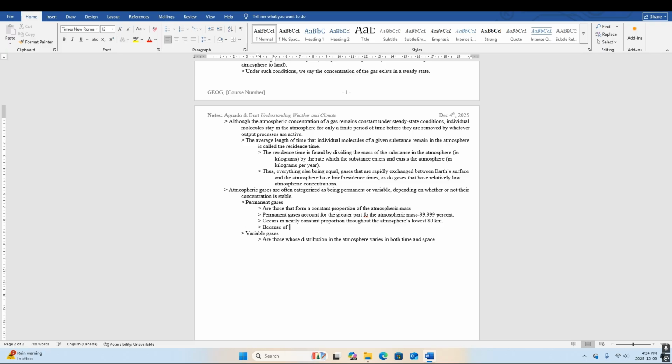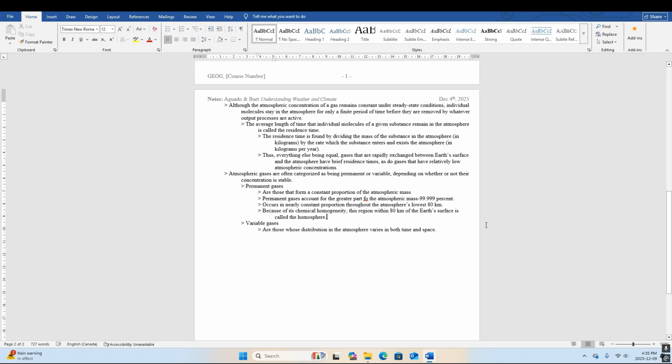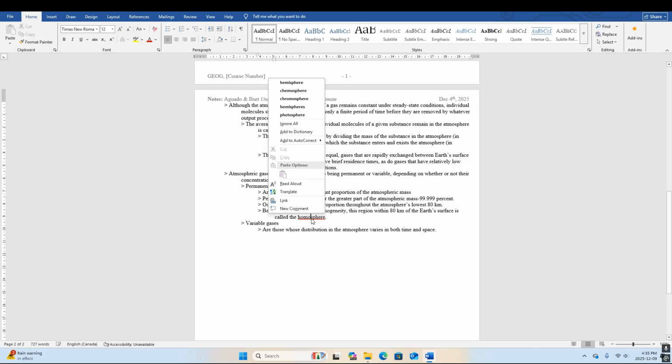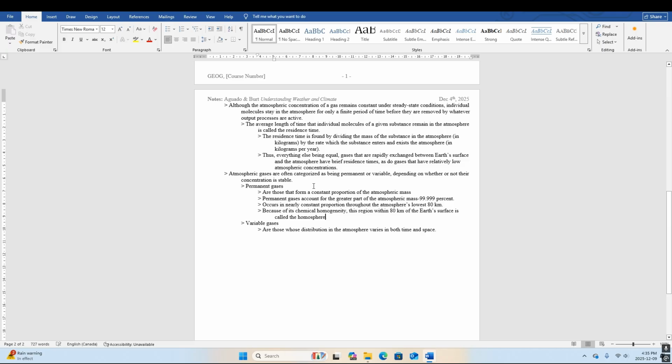Because of its chemical homogeny, this region within 80 km of the Earth's surface is called the Homosphere. Aha. And obviously spell check does not like that word. We'll add it to the dictionary there.